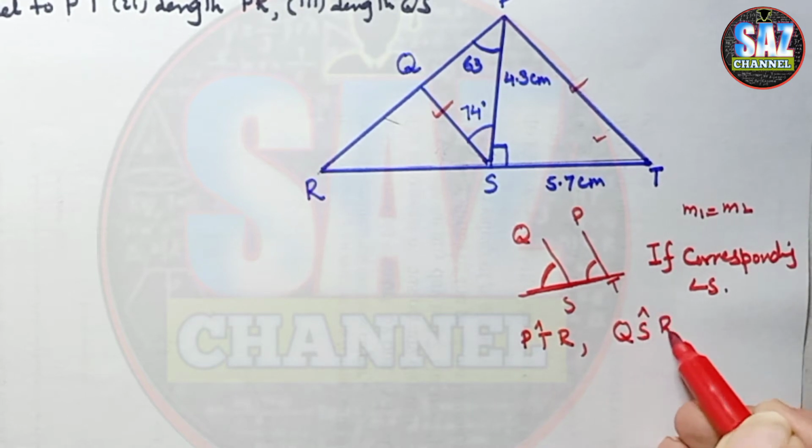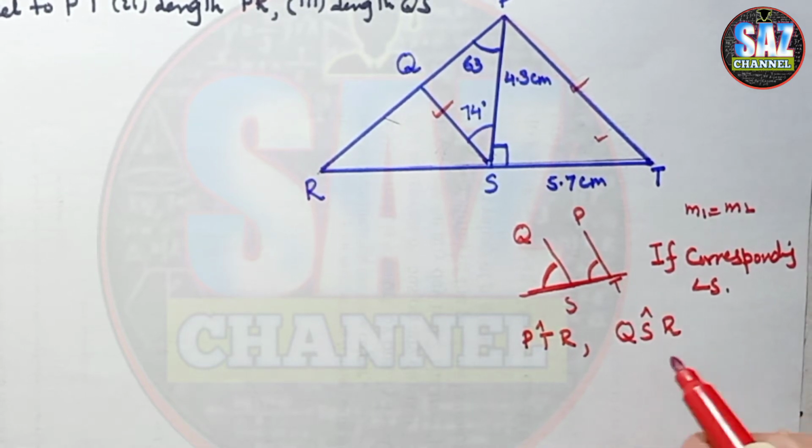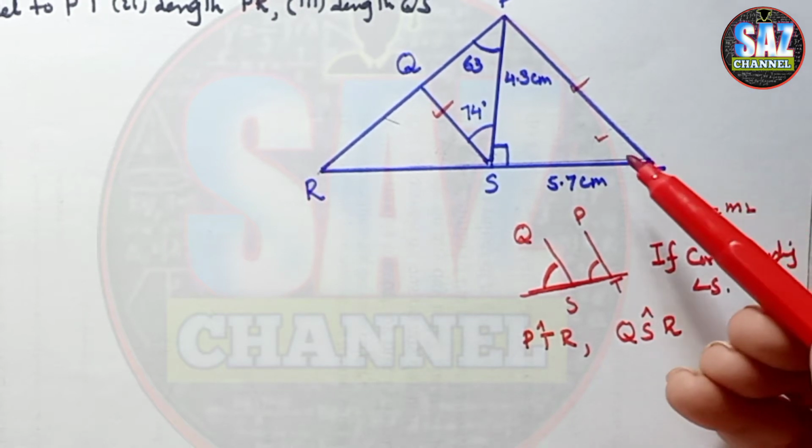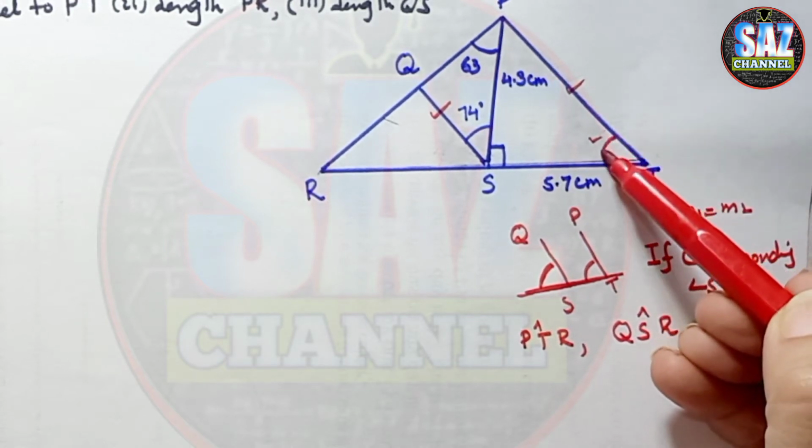If they are equal, then the lines will be parallel. I hope you are clear how with the help of angles we can decide the lines are parallel or not. We have to create either the alternate angles or corresponding angles, and if they are coming same, then the lines will be parallel. Now the problem is how to find angle PTS.